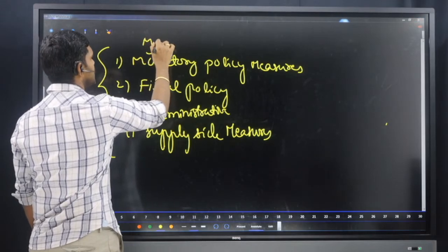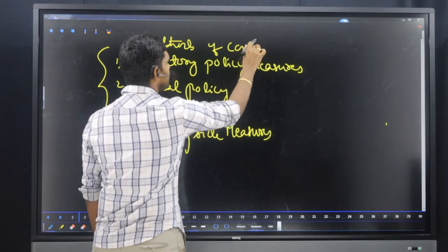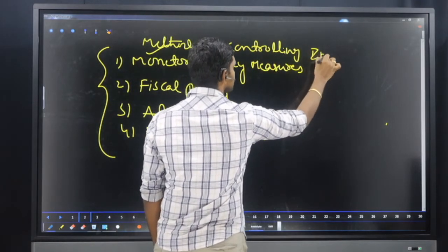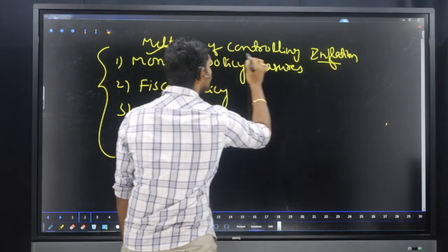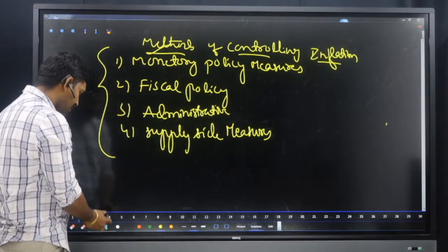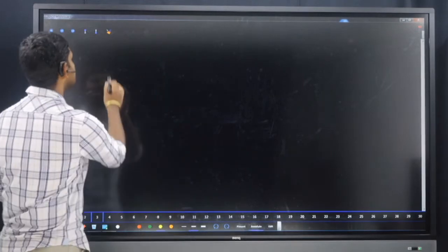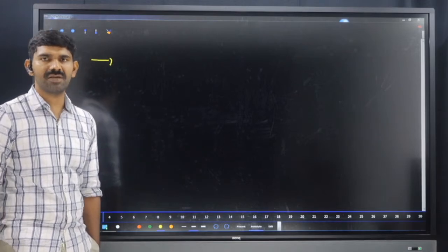Now the next one, I hope this is clear for you, right? The next one is very, very important. Yesterday someone was asking about concepts related to inflation. I told you that an increase in the price of goods and services is called inflation.